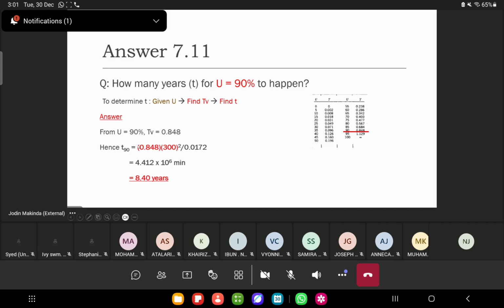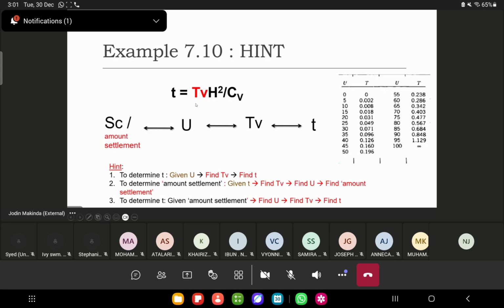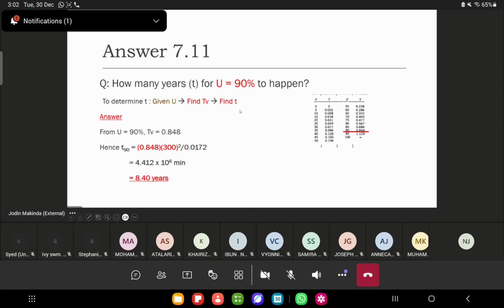Therefore, using the equation, I have the time factor, I have H, and I have the CV. I can calculate the T90, which is 8.40 years. So we must know the direction. You just follow the hint here. So kalau kamu susah untuk paham, you always focus on this.